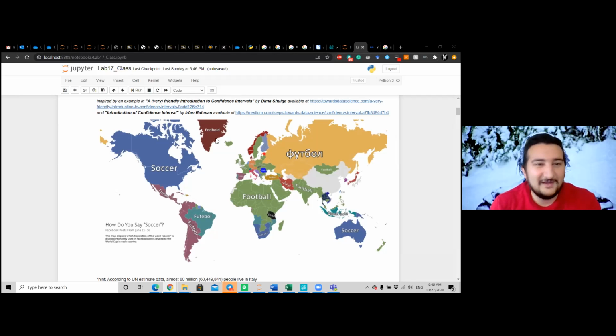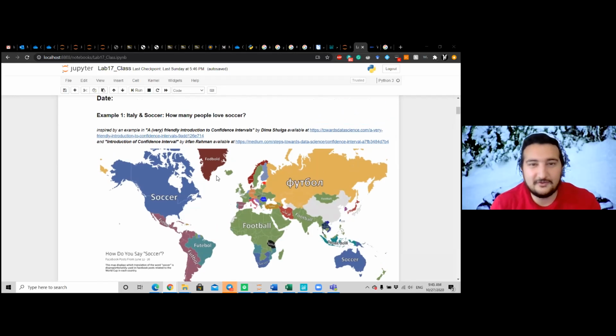So now that we have put that beside us, the question that we are trying to discuss here is how many people love soccer? If I put up a language map, is the most spoken one the right language? Not necessarily. The reason that I insist that football is the right term is that it was invented by the British and they called it football. That's it.